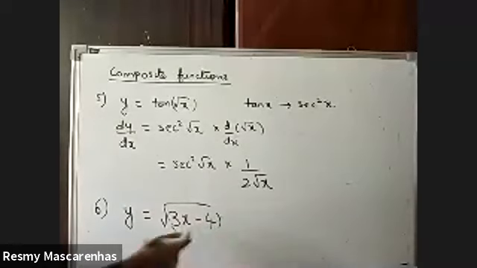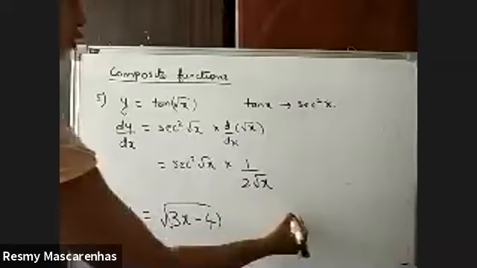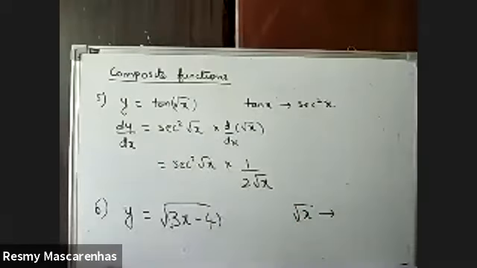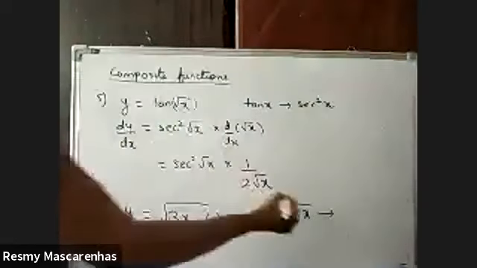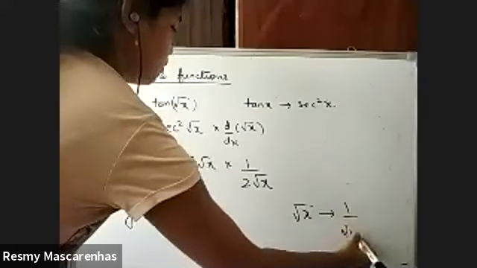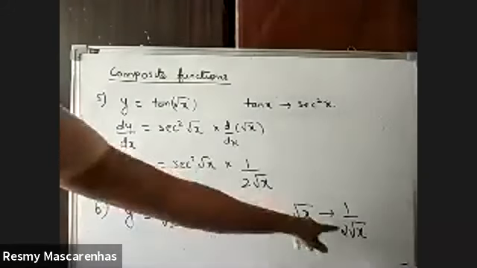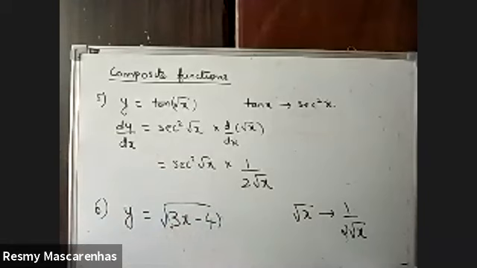So this is root of something, no? Root inside this. So as per the derivatives, look in the function table. What is the derivative of root x? Just now we have done, the derivative of root x is 1 upon 2 root x. So use this formula over here.